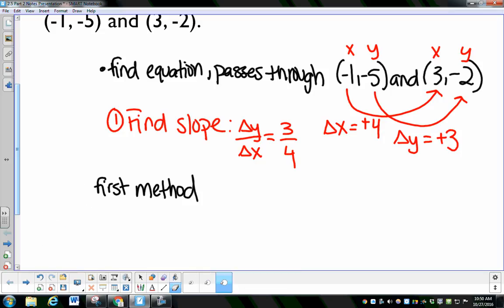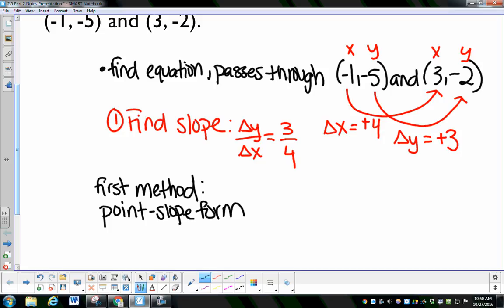The first method you can use is point-slope form. If you remember point-slope form from our last notes, it looks like this: y minus y1 equals our slope m times the quantity x minus x1.